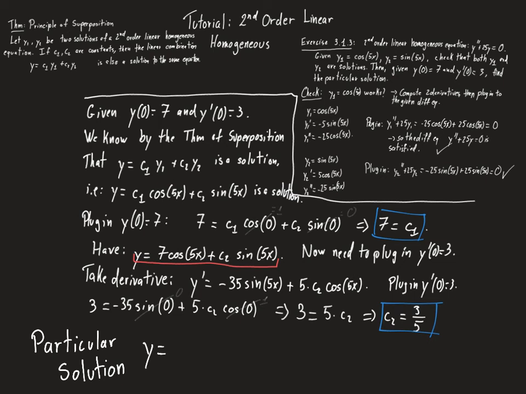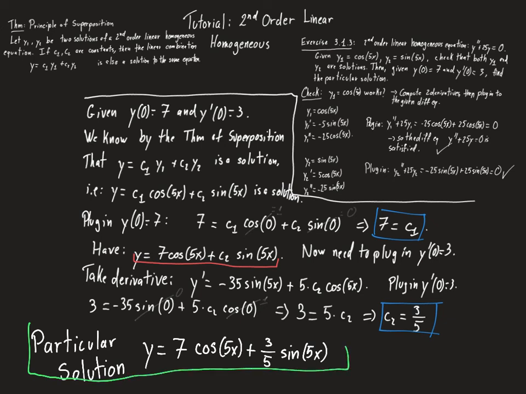Y is equal to 7 cosine of 5x plus 3/5 sine of 5x. And we are all done with this problem.